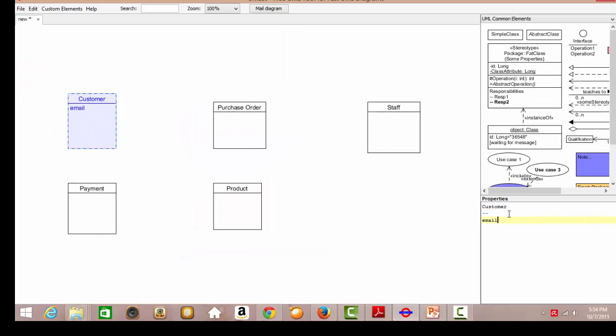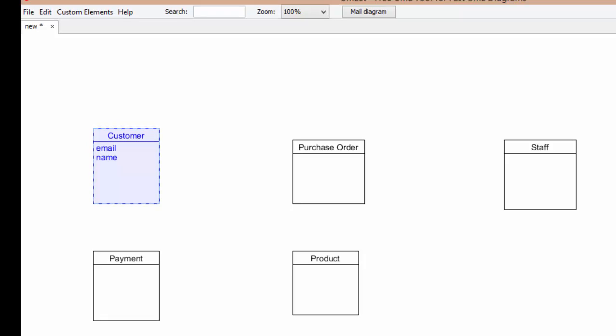And then payment. And then we have product. That we will put its attribute in entity that we have.